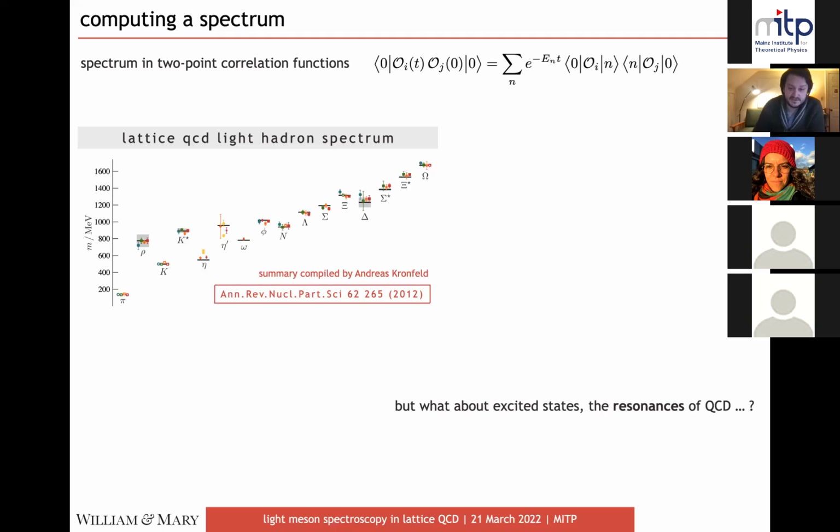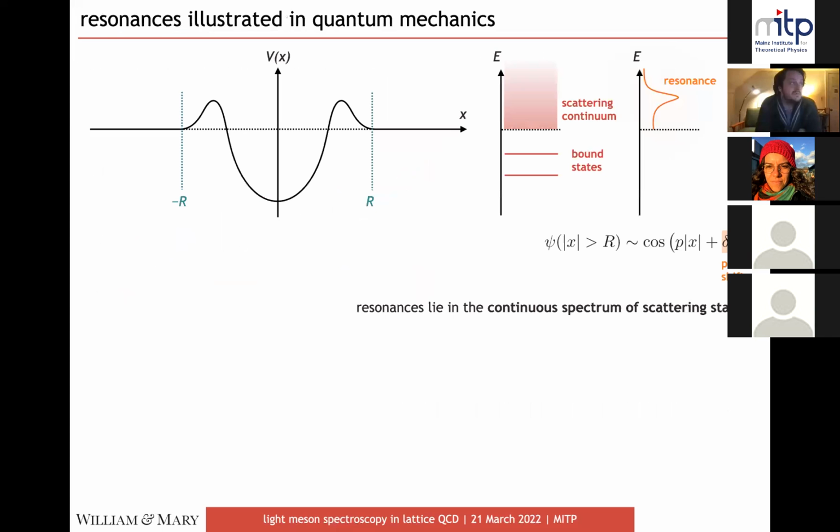But as I said, I want to convince you that we can get at resonances. So how do we do that? Well, first of all, we should remind ourselves what we mean by a resonance, and we can illustrate that most easily with one-dimensional non-relativistic quantum mechanics. So here's some simple-minded potential, and you can easily imagine that were you to solve the Schrödinger equation for this potential, you could get some discrete bound states, and then of course a continuum of scattering states for positive energy.